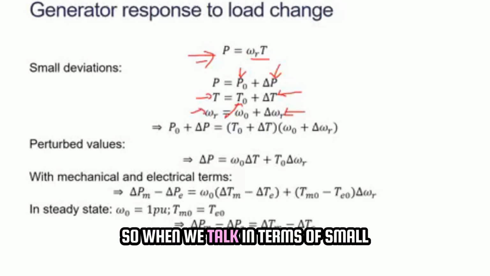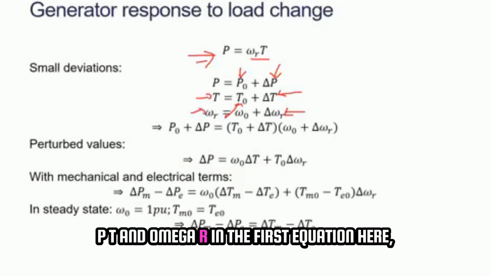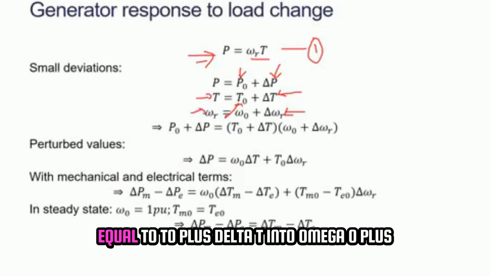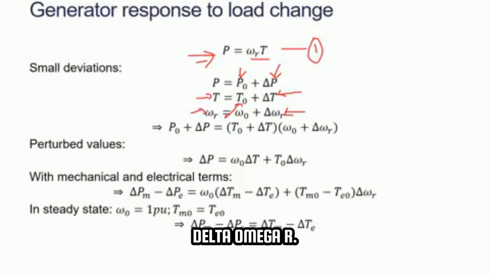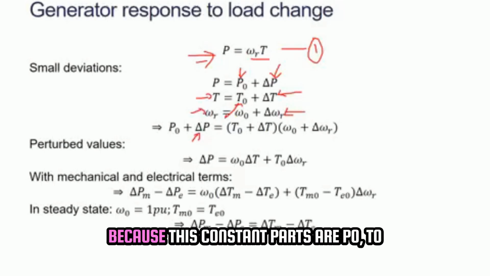When we talk in terms of small deviations, if you put these equations P, T and omega r in the first equation, then you can see that P naught plus delta P is equal to T naught plus delta T into omega naught plus delta omega r. Just focus on the delta P part, or the perturbed value part, because the constant parts P naught, T naught and omega naught we can ignore.